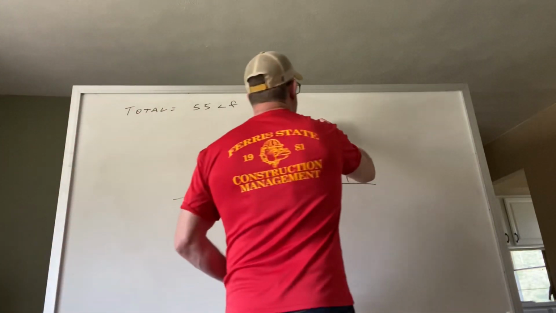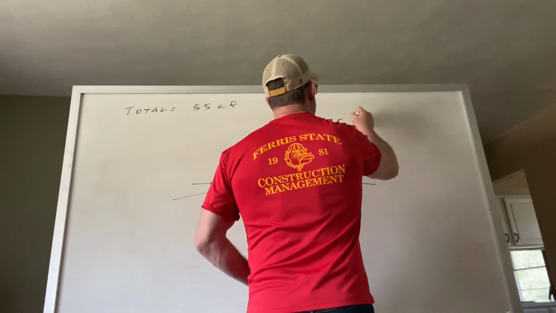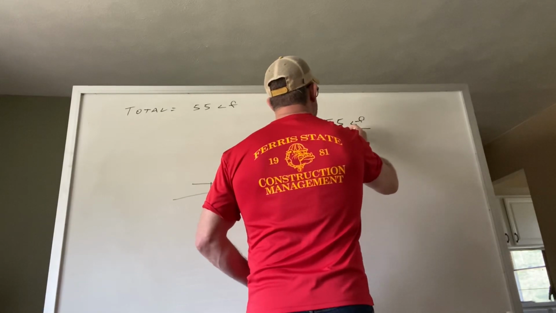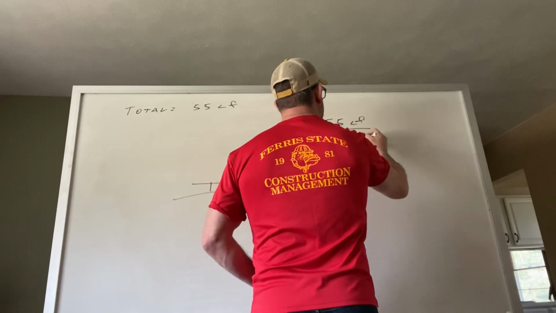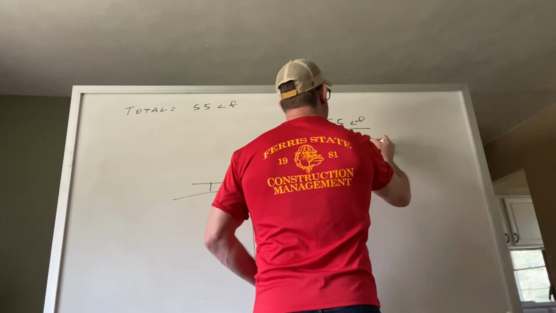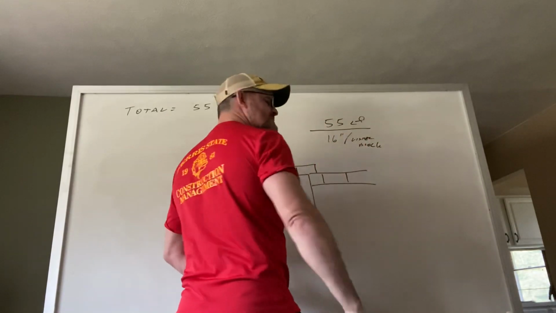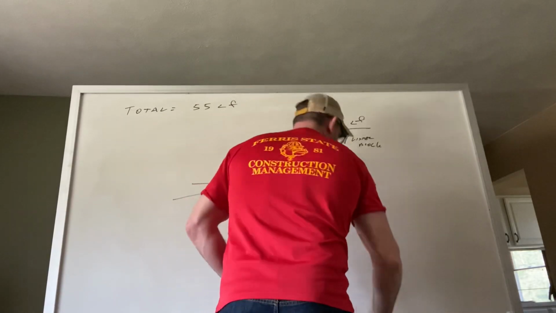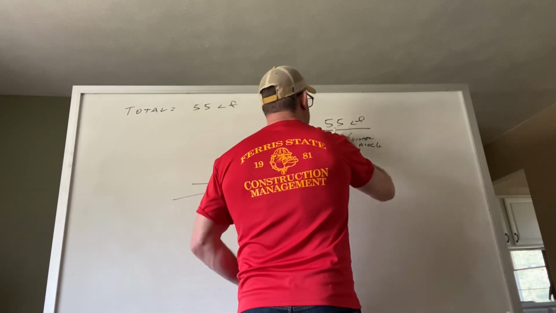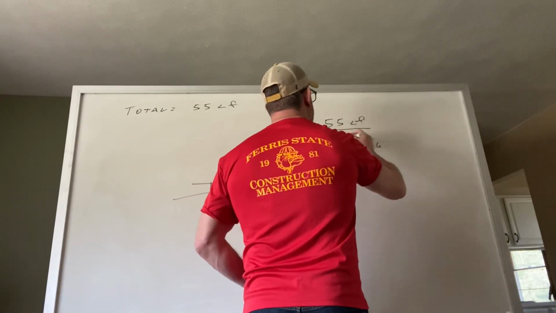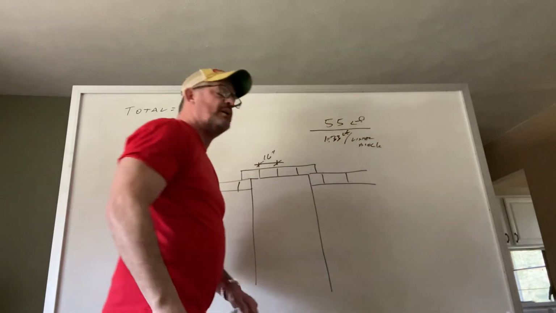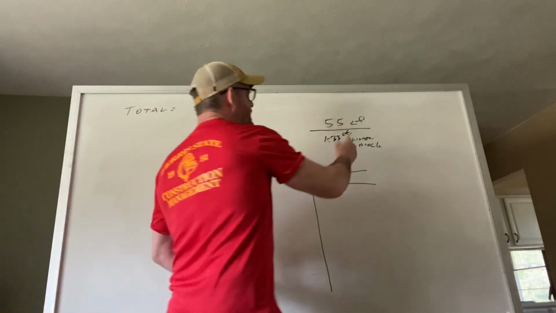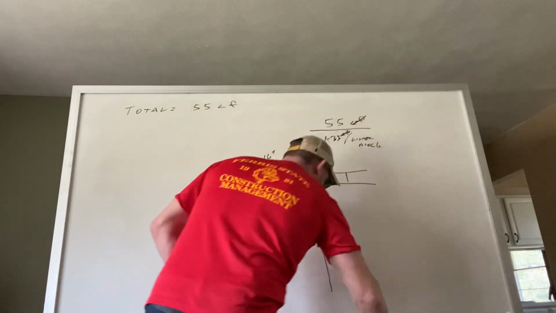I'm going to divide 55 lineal feet by 16 inches per lintel block. But again, we see that I can't be in inches. I've got to do that conversion. We just did it. 16 divided by 12 is 1.33 lineal feet per lintel block. So now my feet are going to cancel.